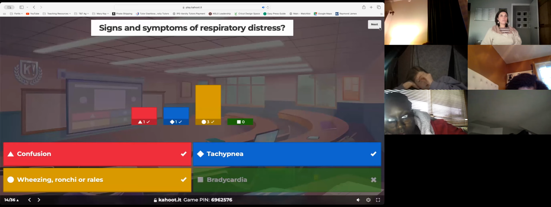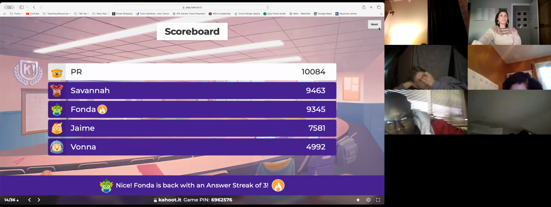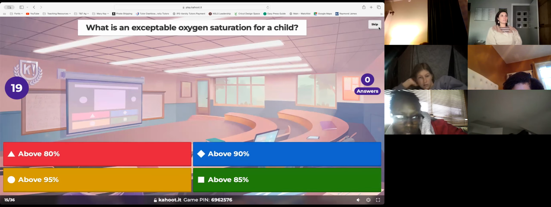Signs and symptoms of respiratory distress. So abnormal breath sounds, that increased respiratory rate, and confusion. You will actually see tachycardia rather than bradycardia with respiratory distress.